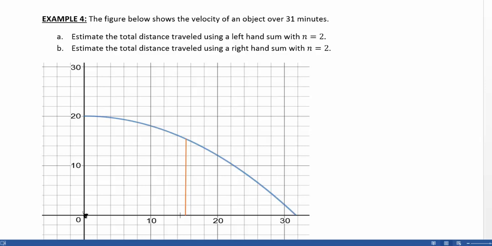Part A. Estimate the total distance traveled using a left-hand sum with n equals 2, and part B will be to do the same, but a right-hand sum. So that means we want to use 2 rectangles to estimate the area under this curve. Now remember, the more rectangles you can use, the better your approximation is going to be. N equals 2 is not going to be a very good approximation, but we'll do it nonetheless.